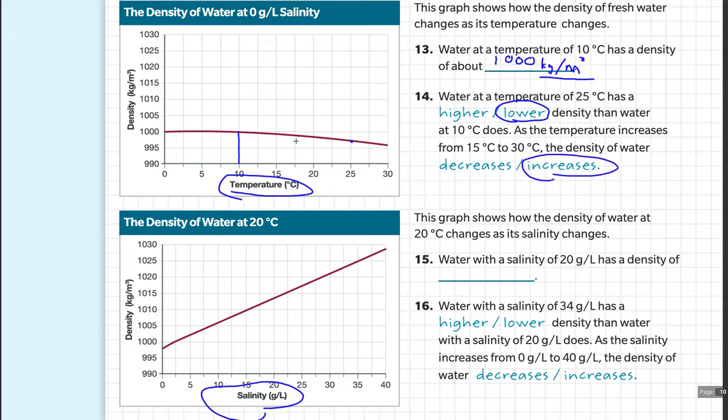Yeah, see, again, this is a little bit weird, because it decreases. You're going from 15 to 30, and the density is falling, it's going down, it's decreasing.